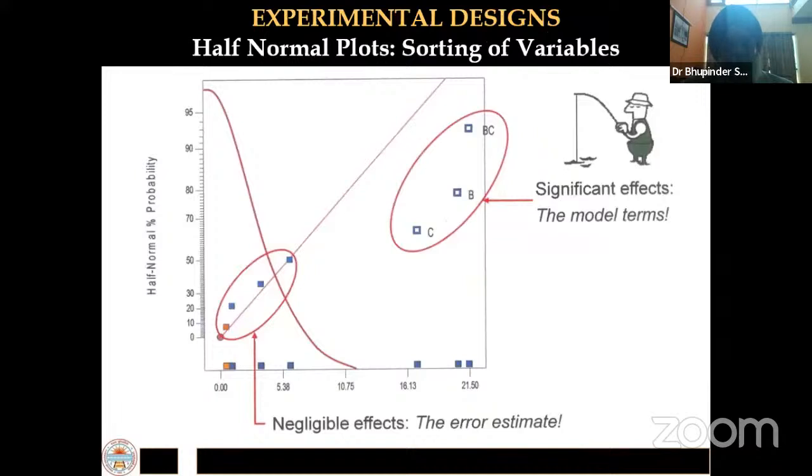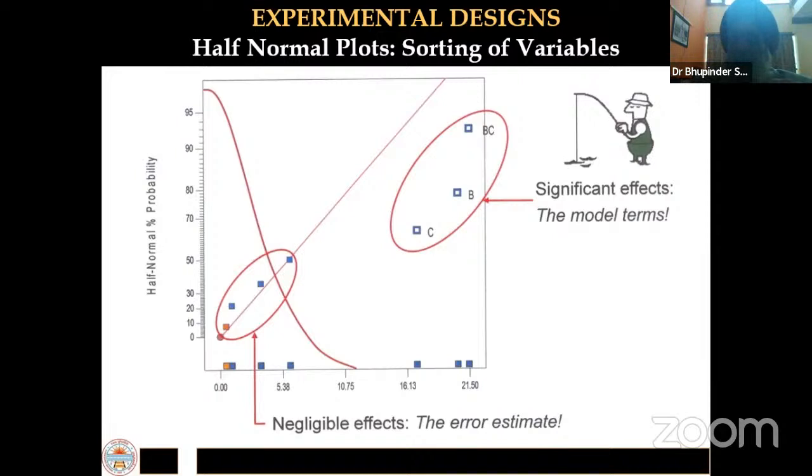So here are half normal plots. Half normal plots are the plots where you are able to identify which variables are actually influential. The variables which are falling on the line are among the common variables. The variables which are going across the line, like B, C, and BC.